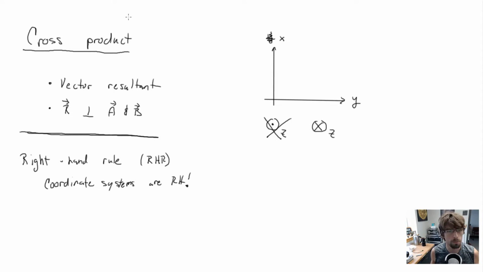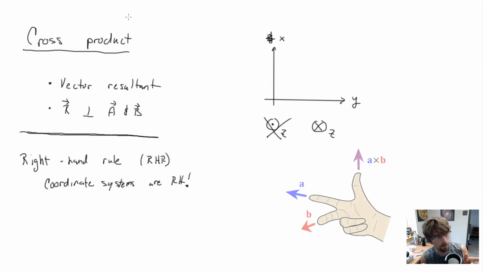I'll put an illustration up and give you a little bit of practice there. But that's what dictates how we set up our coordinate system. You say, why do we choose the right hand? It was 50-50, either the right hand or the left hand, and in this case we chose the right hand.